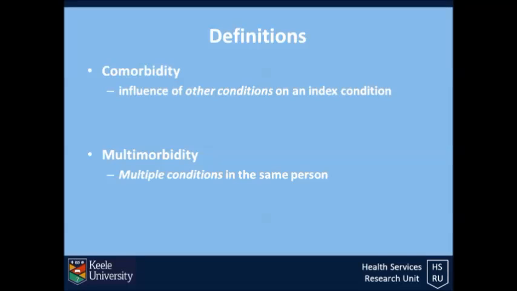So if you have diabetes and lots of other conditions, the question would be, what does the comorbidity do to your diabetes? Multimorbidity is really about multiple conditions. There, we're interested in the fact that a lot of older people have multiple conditions. So it's not the number and type, we're just interested in the fact that people have many.